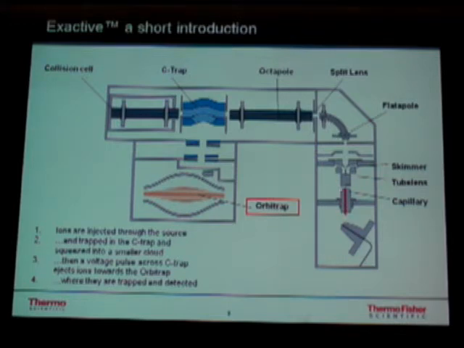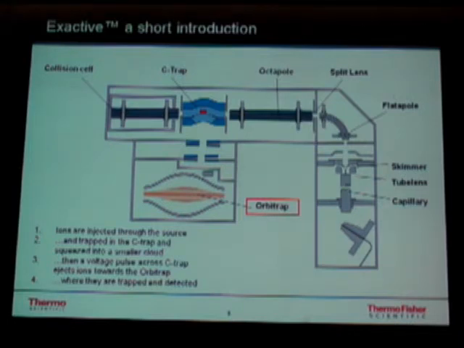The ions are transmitted through all these lenses and come to the C-trap. This instrument also has a collision cell if you wanted to do MSMS. But for the majority of screening applications, just ultra-high resolution and accurate mass is enough.